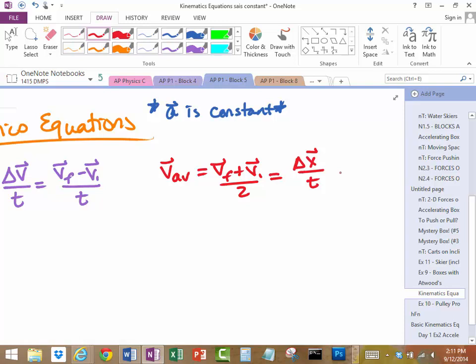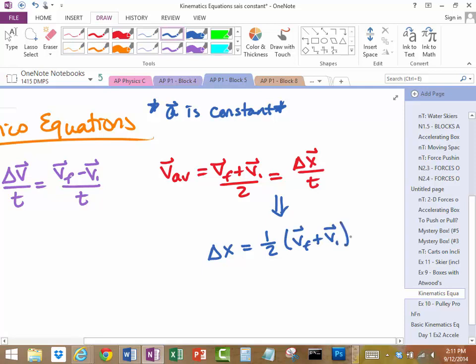Putting those two together, I'm going to solve this equation for delta x. Delta x is equal to, I'm going to pull the 1/2 out because I can, (Vf plus Vi) times t over 2.